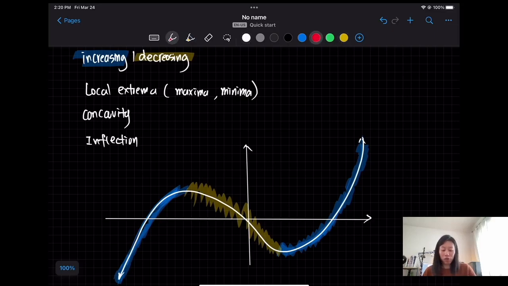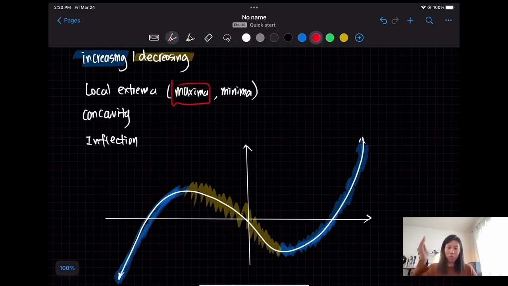I am going to use a red pen to point out the local maximum and local minimum. So where is the local maximum?